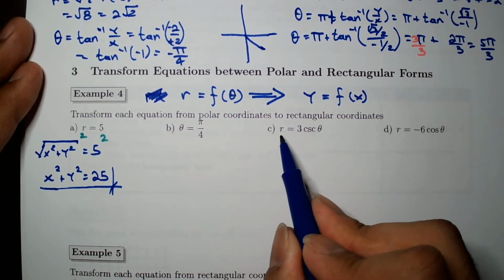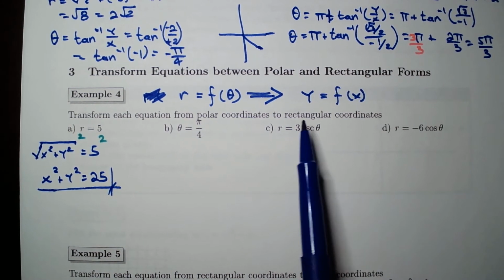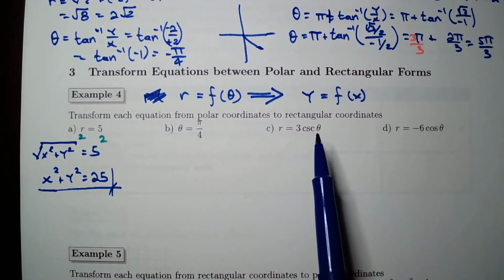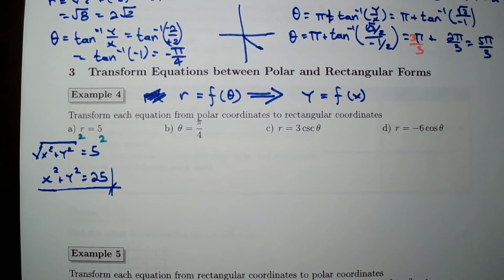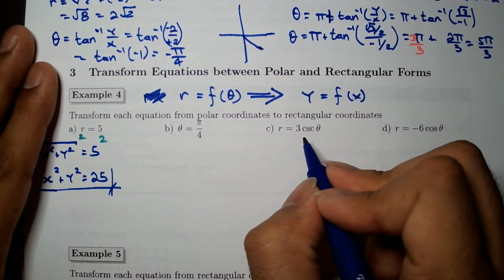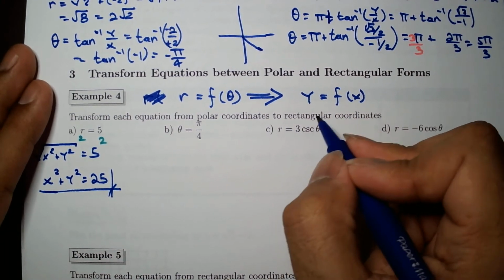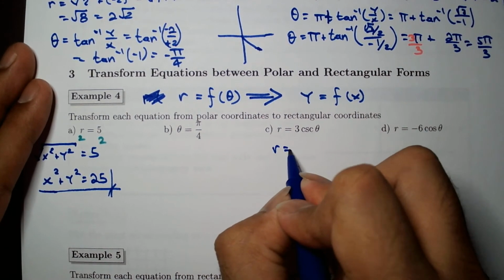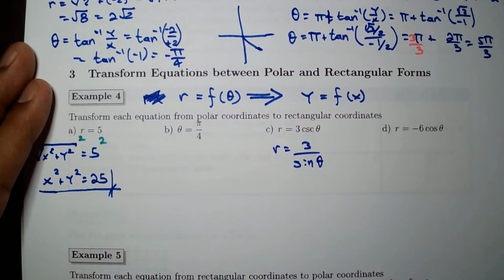All right. Okay, let me leave b to the end, because that one is going to be an interesting one. So let me do r equals 3 cosecant theta. Well, every time you have equations that have tangent, cotangent, secant, and cosecant, a good way to go about this is to write these in terms of sines or cosines. So in this case, r equals 3 over sine theta.